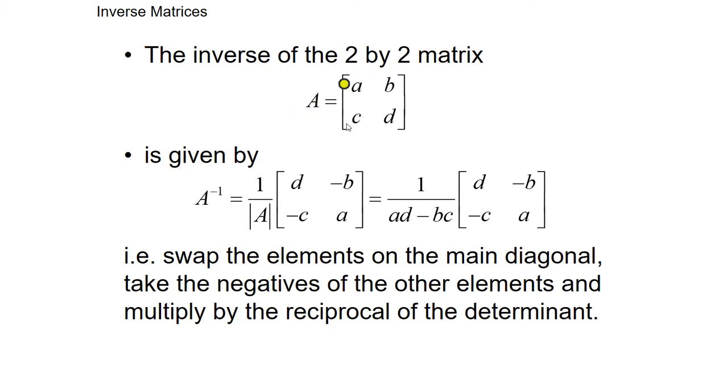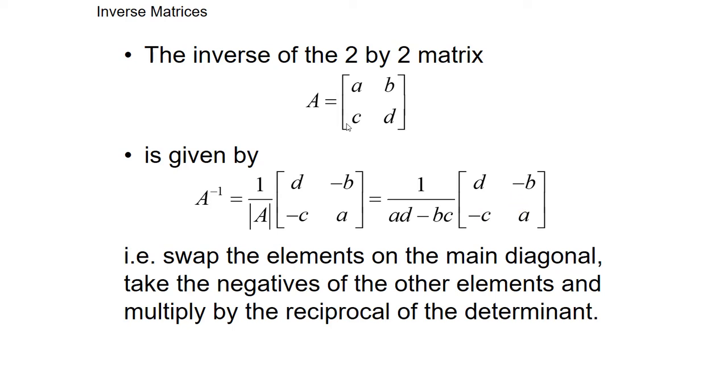Let's take the general matrix with 2 rows and 2 columns, A, B, C, D. Now, if we want to find the inverse of this matrix, what we can do is write the matrix D, minus B, minus C, A. That is where we've swapped the positions of the two elements on the main diagonal, and then we've taken the negatives of the two remaining entries, and we multiply this by 1 over the determinant of A. That is, we have 1 over AD minus BC multiplying D, minus B, minus C, A.